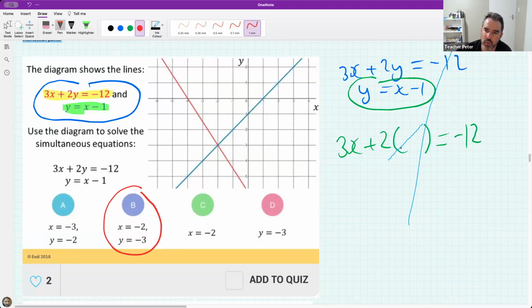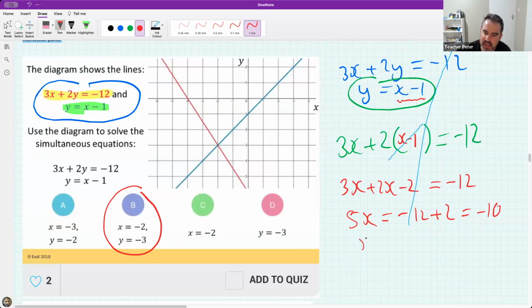I'm going to put x minus 1 in there because that comes from this equation. And once I sub the easy equation into the hard one, I'm going to get 5x equals, so that becomes a +2. So -12 plus 2, which is -10. And then x is -10 over 5, which is -2.